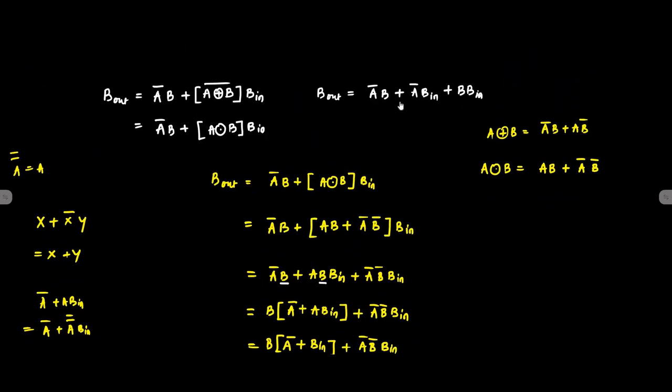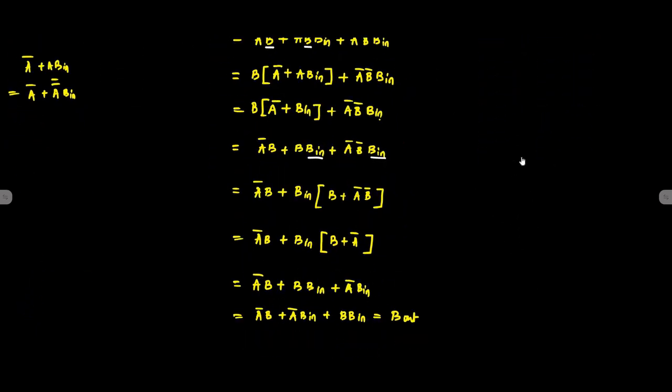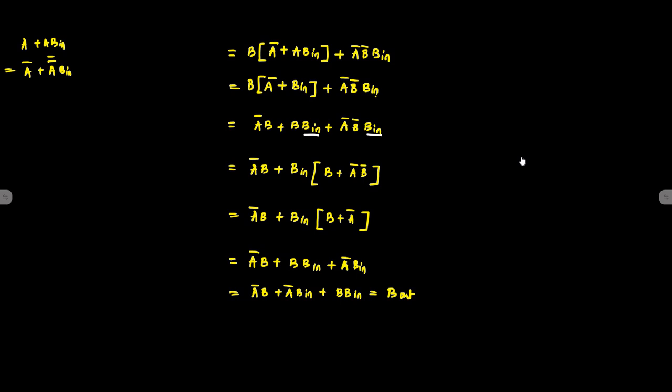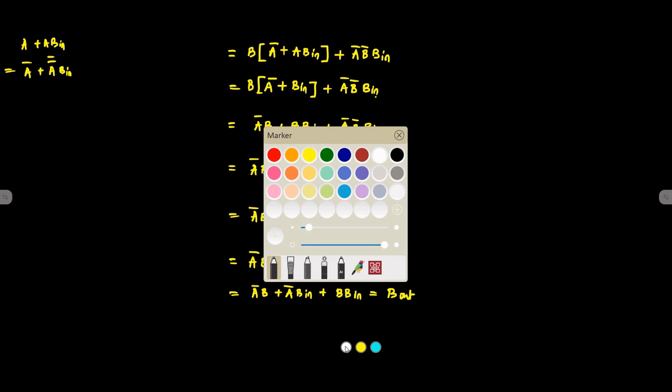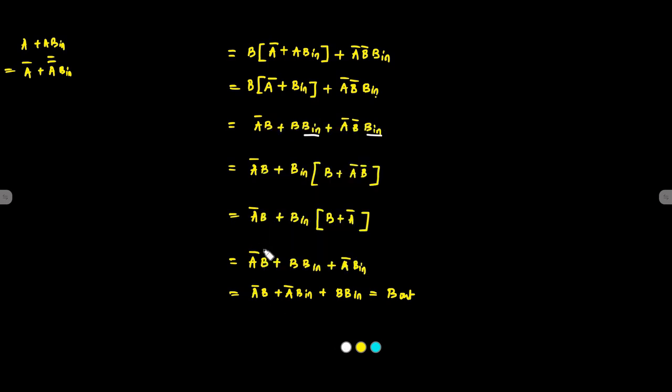See this, A bar B or A bar Bn or B Bn. Same here. So through Boolean simplification of the Boolean expressions, we got the same result. The other minimization, we'll do it through K-map. We'll see it there.